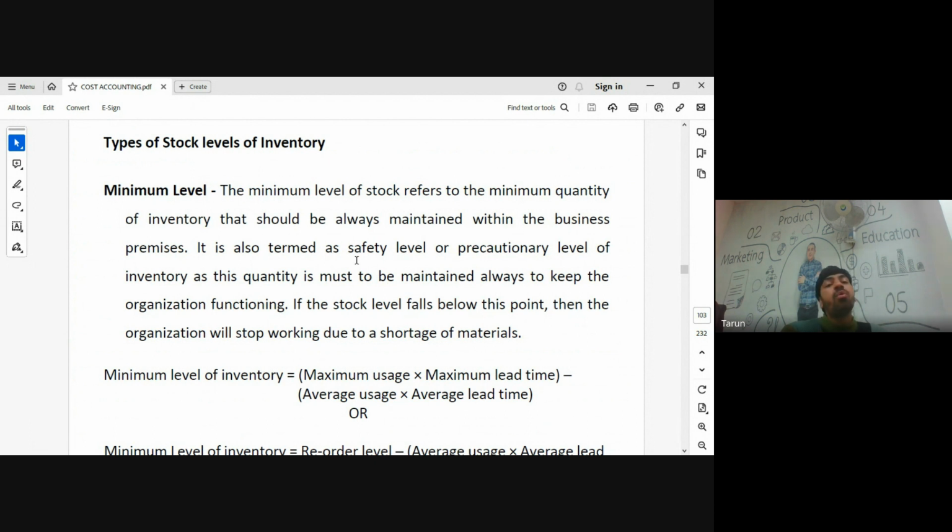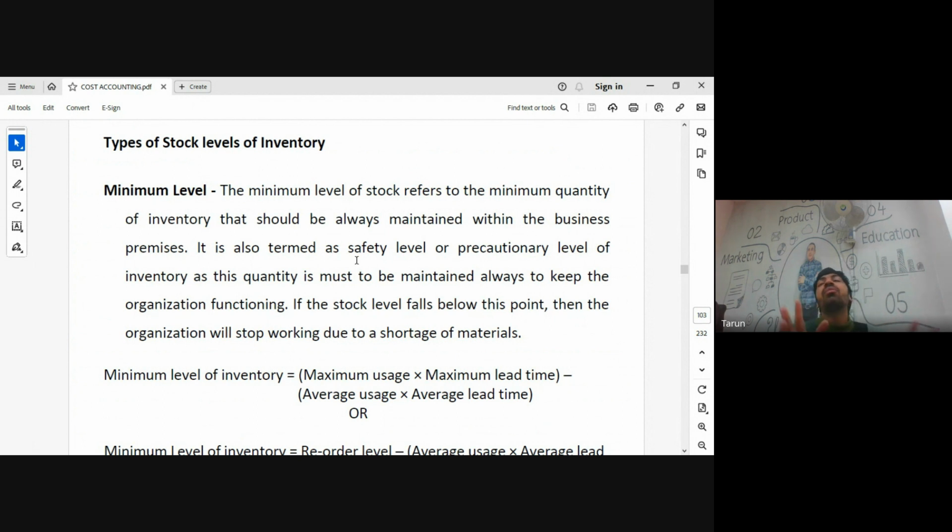It is also called the safety level, or the precautionary level of stock, because this quantity is always maintained for the functioning of the organization. If the stock level is below the minimum level, then the organization will have to stop working just because of the shortage of materials.